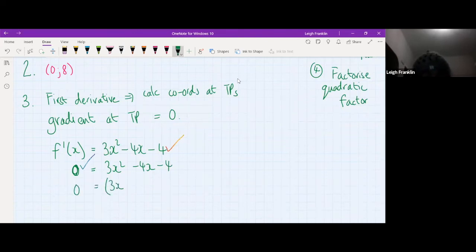3 is a prime number. All right, and now I've got to think about what's going to go at the end. All right, so I want minus 4 in the middle. How am I going to factorize this, guys? What do you think I should do here?